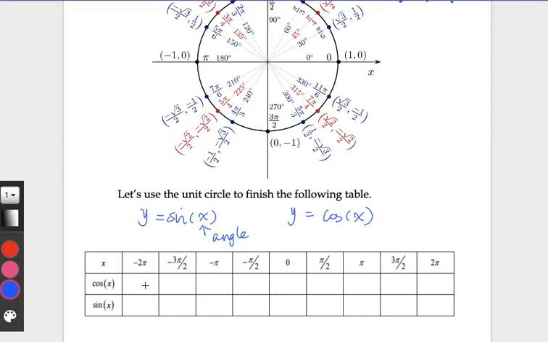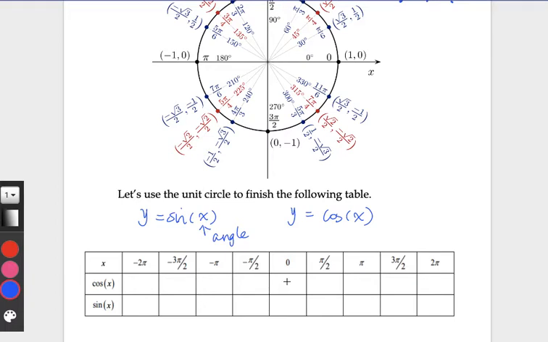So let's check the first one. The angles we are going to have here are from negative 2 pi to 2 pi. We go counterclockwise a circle, and also clockwise. When x equals 0, meaning the angle is 0, cosine 0: do not forget, cosine theta is always the x coordinate of this point.